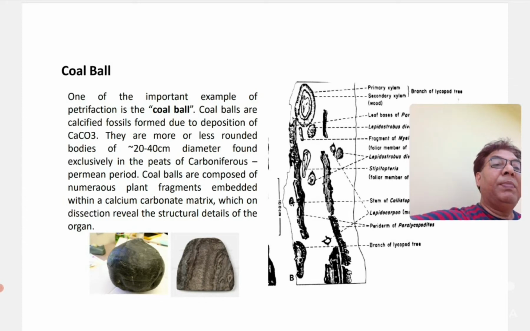And you also get Paralycopodites. There are Lepidostrobus cones, the strobilus is there, and a Lepidocarpon ovule is there. So a single coal ball might contain several different materials that get embedded within it and preserved.